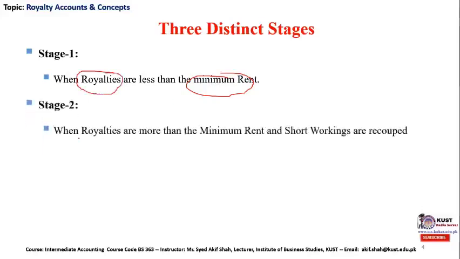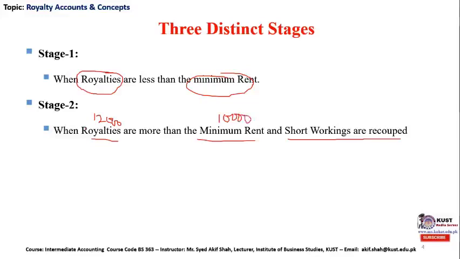Stage number two says when the royalties are more than the minimum rents and short workings have to be recouped by the lessee. Like royalties to be paid out to the landlord is, let's suppose, 12,000, and the minimum rent agreed upon in this lease agreement is rupees 10,000.